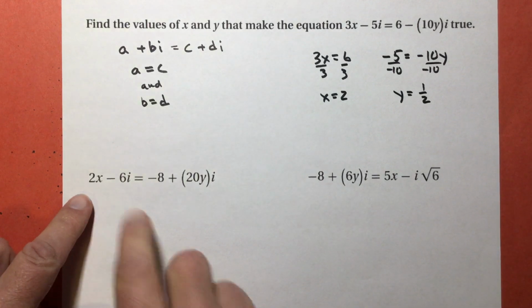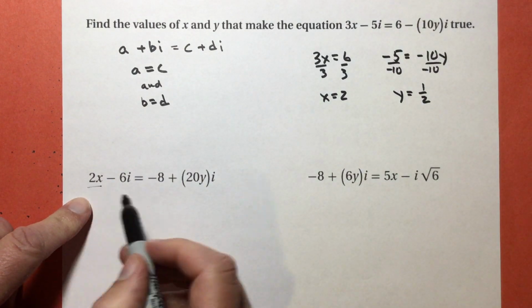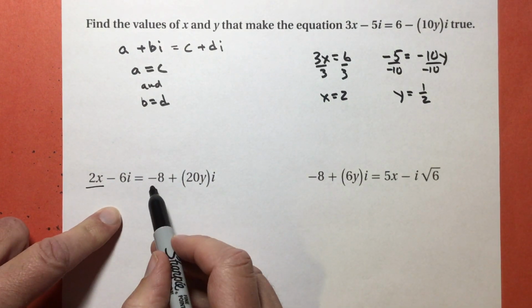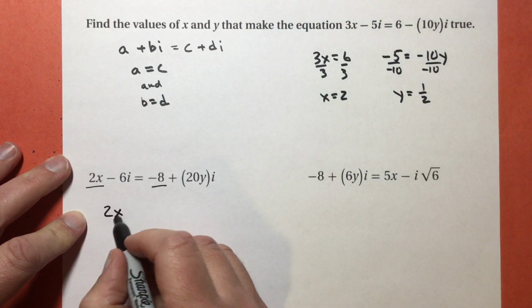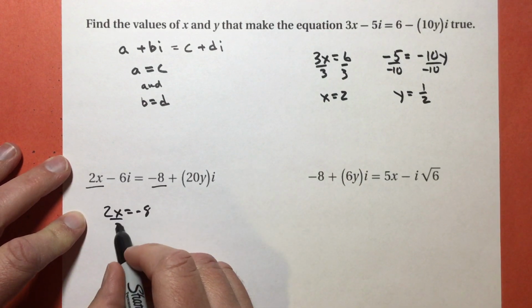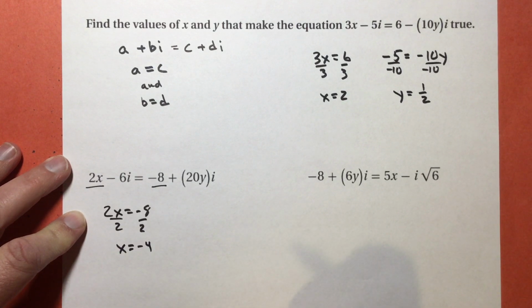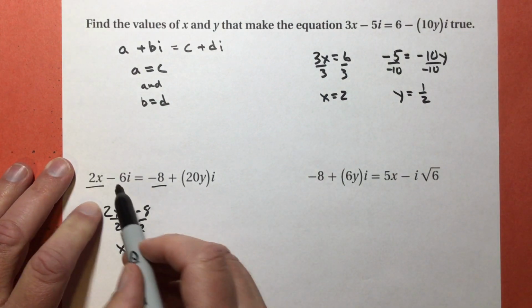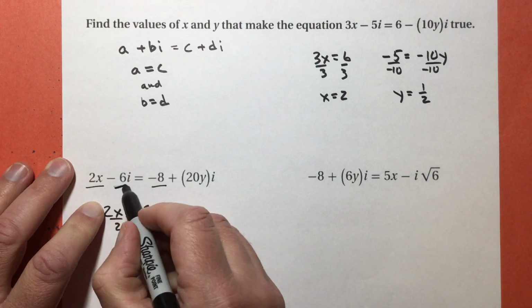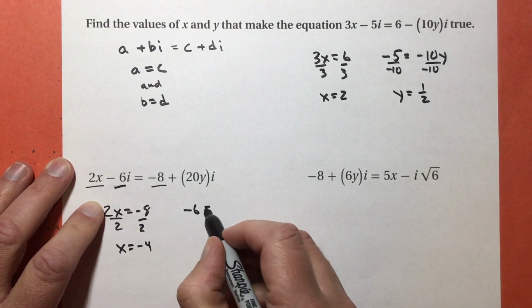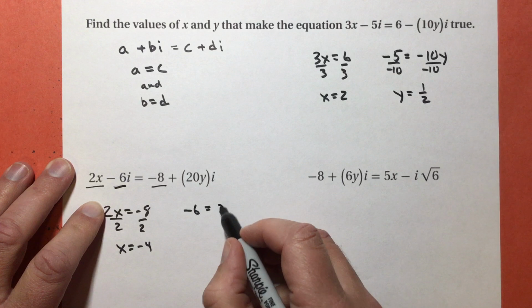So what's the real part here? The real part is going to be 2x. What's the real part over here? The -8. 2x equals negative 8. Simple, x equals negative 4. The imaginary parts, negative 6 has to equal positive 20y.